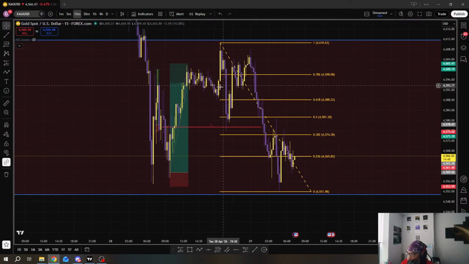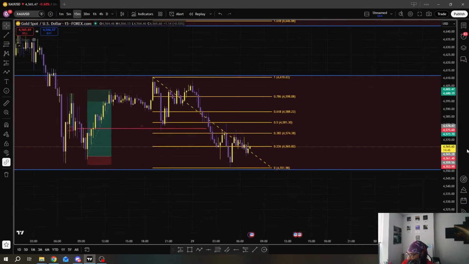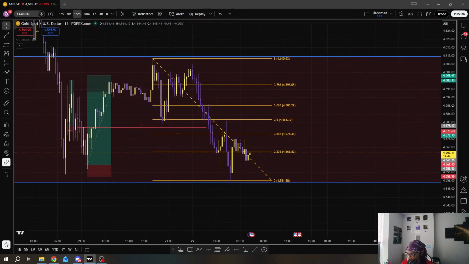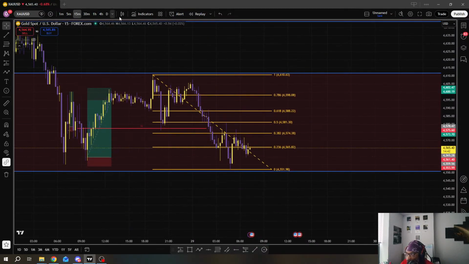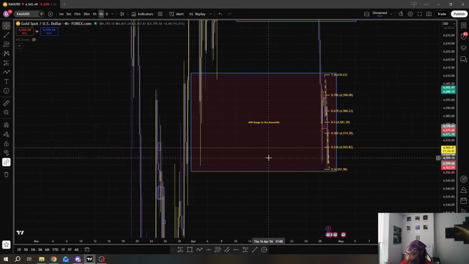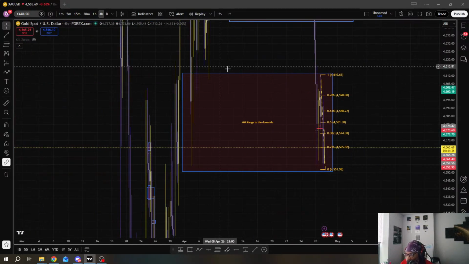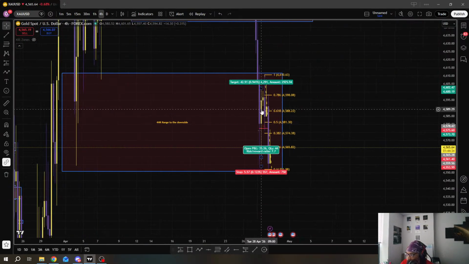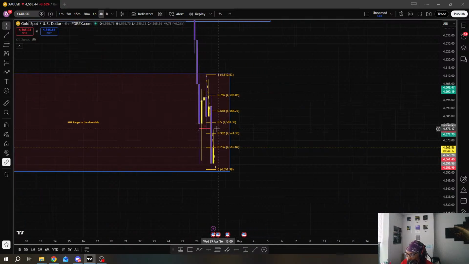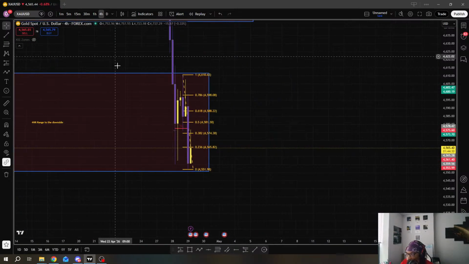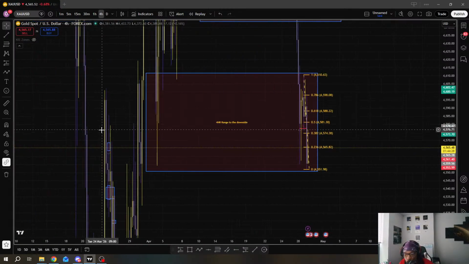Some people ask me, like, why are you doing this inside this 4-hour range? Because I know if we can break out of this range, it is a very important area, right? So if anything is going on inside of this 4-hour range right here, then we know we need to wait on something to either break above it, break past it, for us to have a strong move.